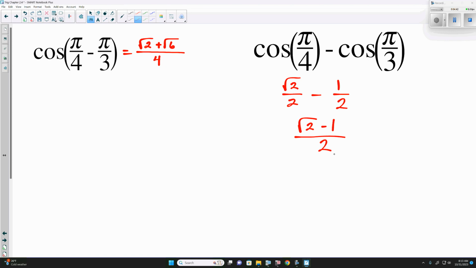These two are not the same thing. We can't say that cosine of pi over 4 minus pi over 3 is the same as cosine of pi over 4 minus cosine of pi over 3. It seems odd, because in a lot of areas of mathematics we can just break it up, but there are some exceptions where it doesn't work, and this is one of them.